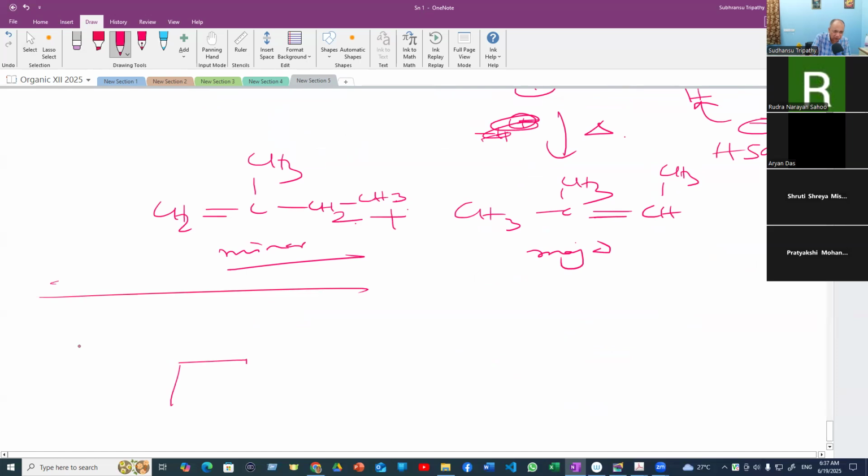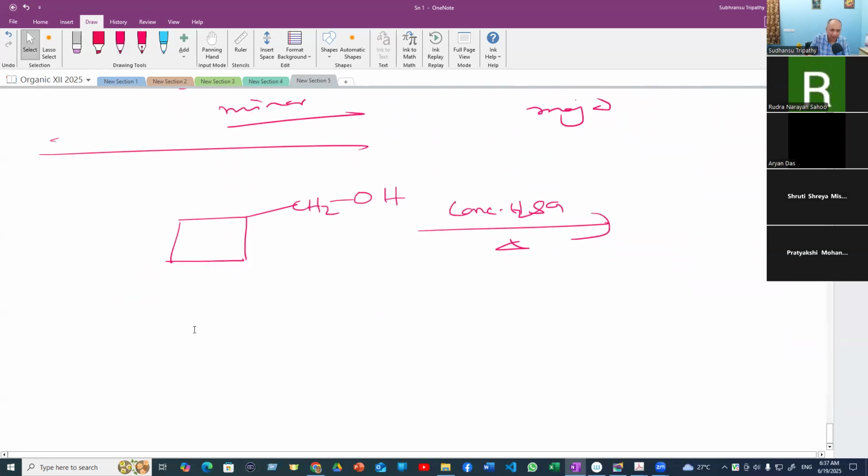I told you that supposing you take this and give it conc. sulfuric acid and heat, or simply add HCl, no heat. Sometimes conc. sulfuric acid is not written in the examination. H3O plus, heat.